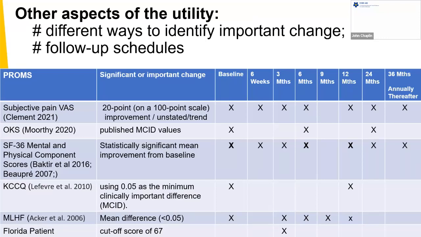Minimum clinically important difference values have also been published for a number of the questionnaires, including the Oxford Knee Society questionnaire, for example, and also for the SF-36. Most of the studies that we looked at in the literature review used statistical significance at the 0.05 level to indicate that there was a difference between the elements of the devices or the populations being looked at.